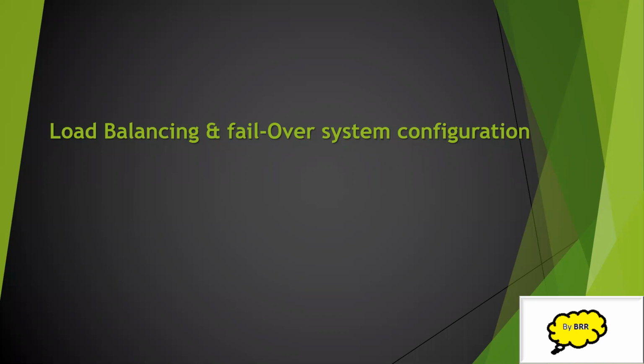In today's session, we'll talk about load balancing and failover system configurations on cloud. Like what is load balancing and what is a failover system configuration when we deploy multiple systems to the same website.